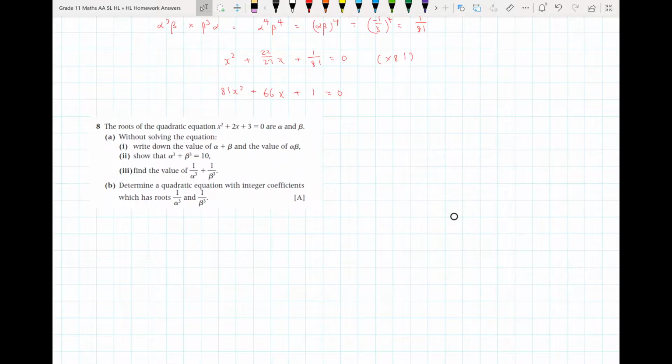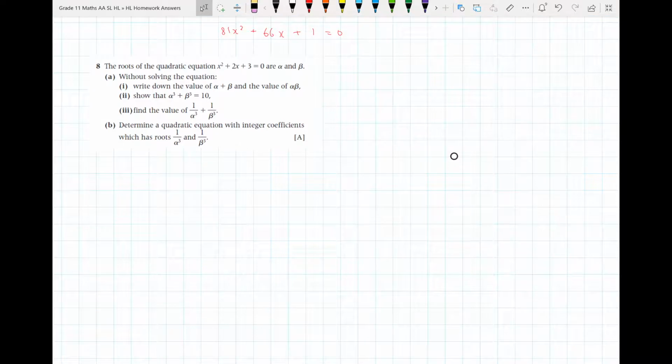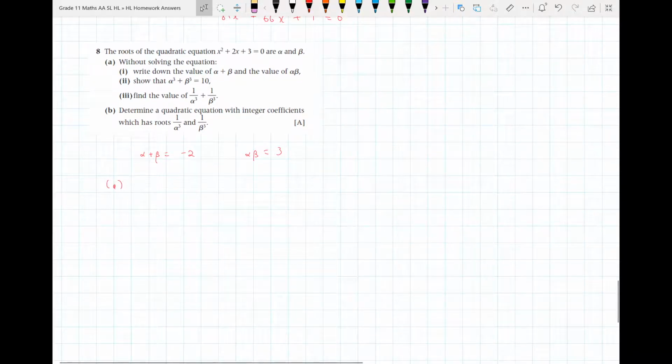All right, just 3 more. Original sum, original product. Write down the value of alpha plus beta, and we already did that. So I usually start off with that, even if the question doesn't ask specifically. And show that the sum of cubes is that.